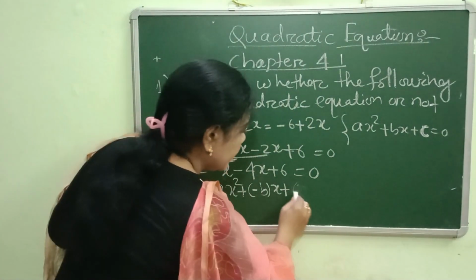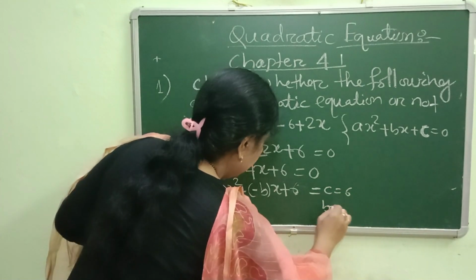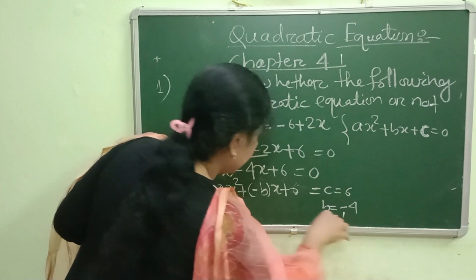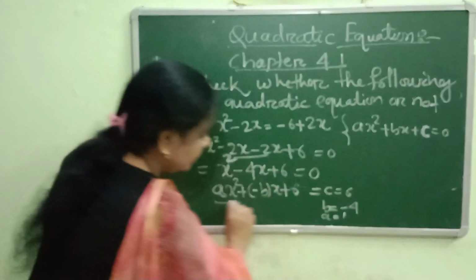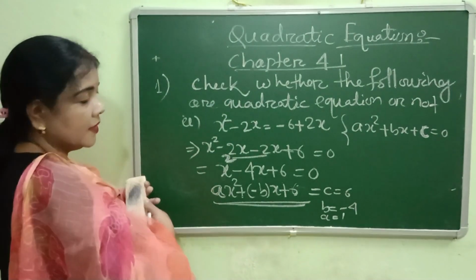Here c is 6, b is equal to minus 4 and a is equal to 1. So this particular equation is a quadratic equation.